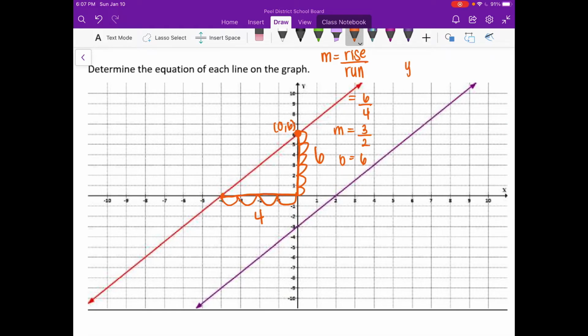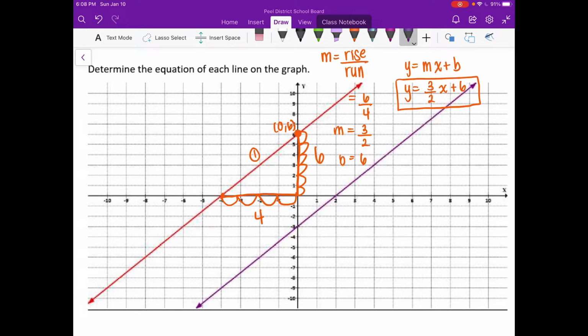So then I have y equals mx plus b. I just want to fill in my m, which is going to be 3 over 2, x plus my b value, which is 6, and then I have the equation of line 1, which is probably your red line, but we're going to call it our orange line.